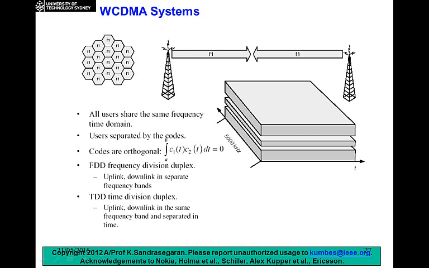So how does it work? How is it possible for all of the users to communicate? All of the users share the same frequency in the time domain, but what we use is the idea of codes, and these codes have a property called orthogonality. Okay, and that is expressed by the integral on the slide.